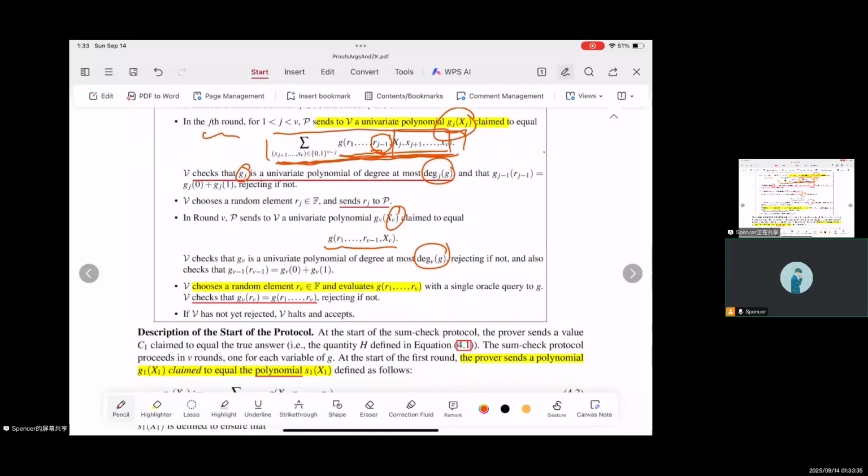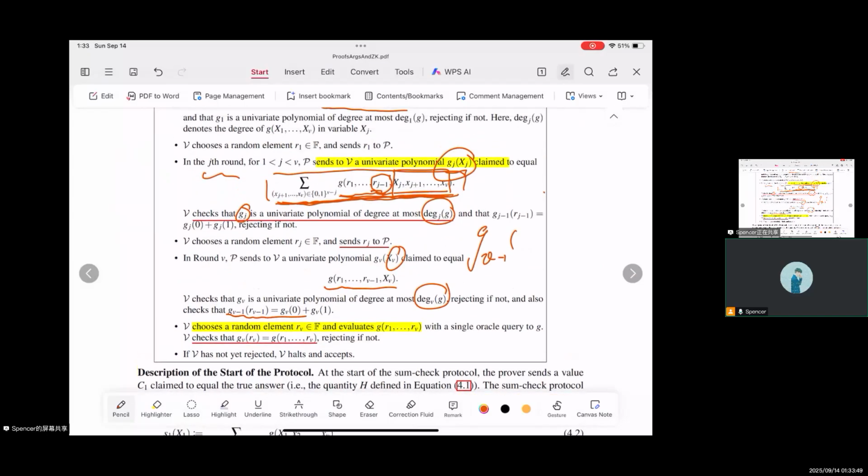It also uses this formula, G(v-1), the previous polynomial, where we fix x(v-1) with r(v-1). It should be equal to Gv(0) plus Gv(1).